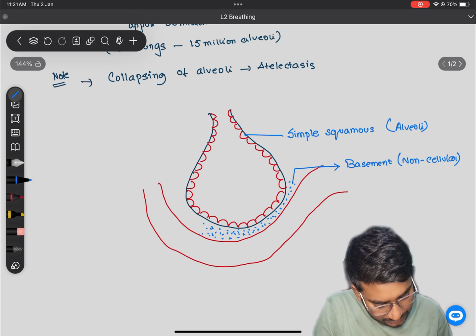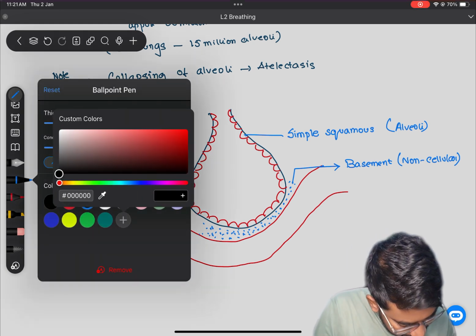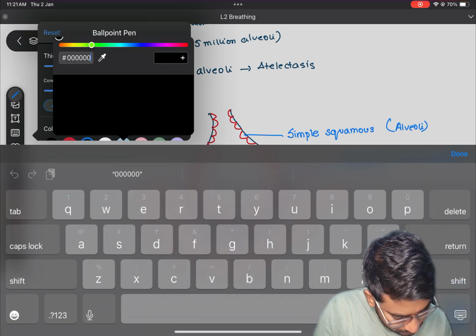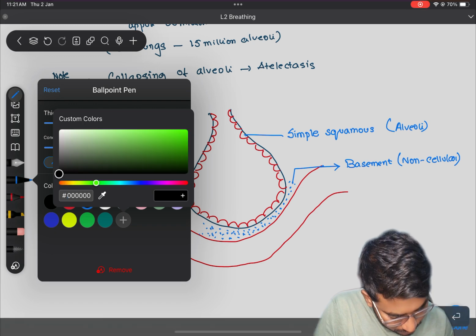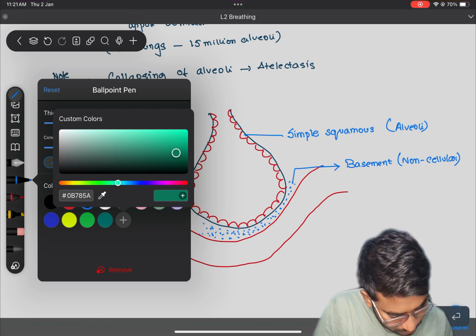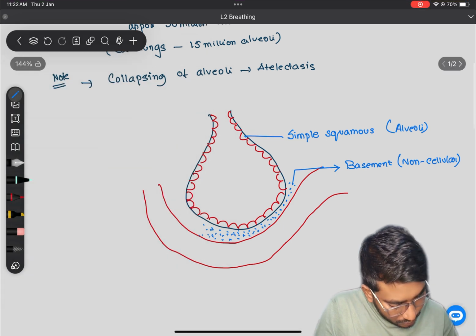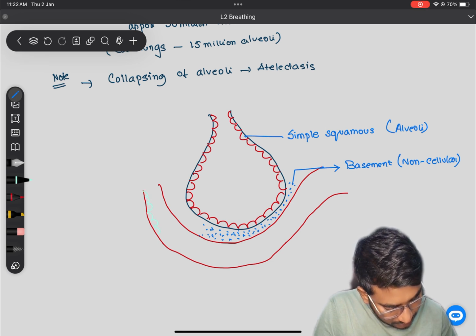I need some dark color. Okay, now I'm giving this new color here.